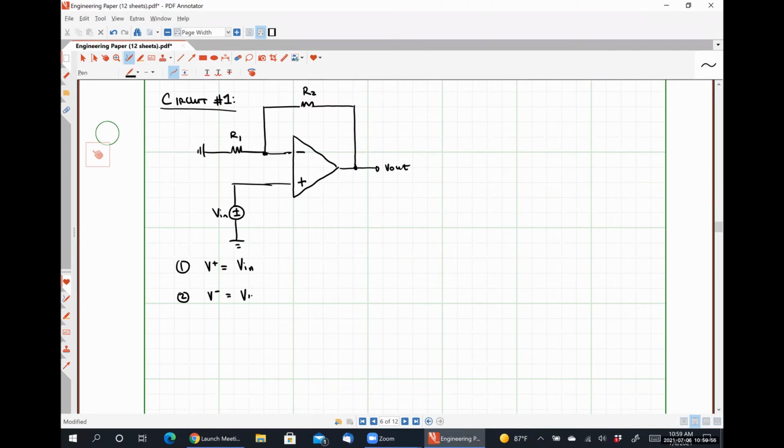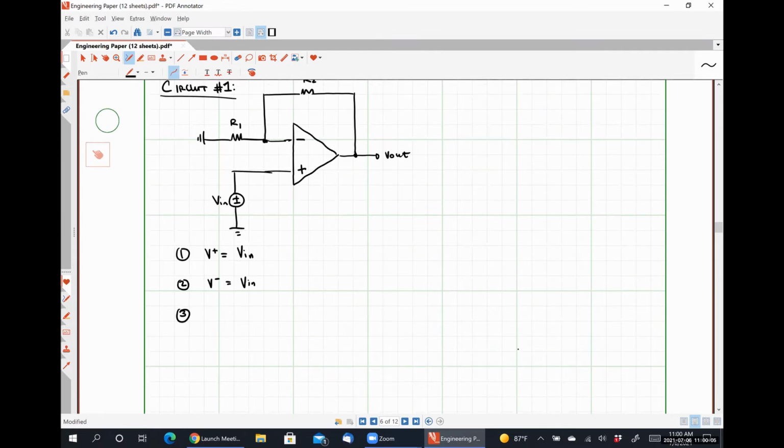Exactly right, simply Vn. So what is my KCL equation at my inverting input terminal going to look like? Should be Vn over R1 plus Vn minus V out all over R2.